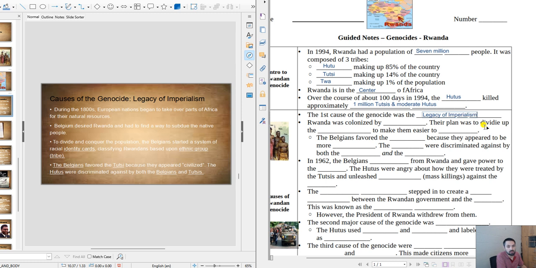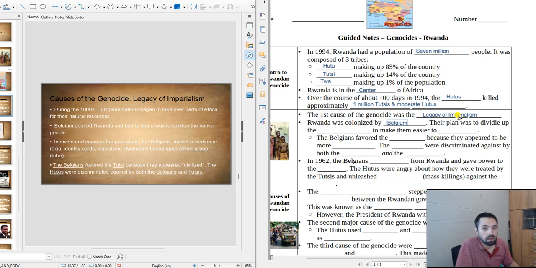As I just stated, Rwanda was colonized by Belgium. And as they conquered Rwanda, their plan was to divide up the population to make them easier to conquer.